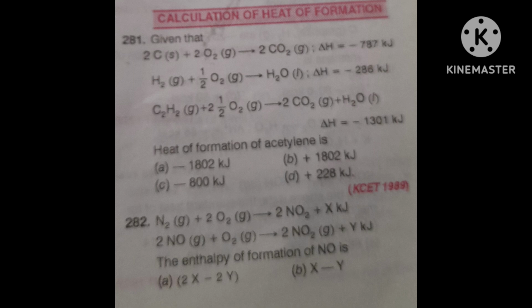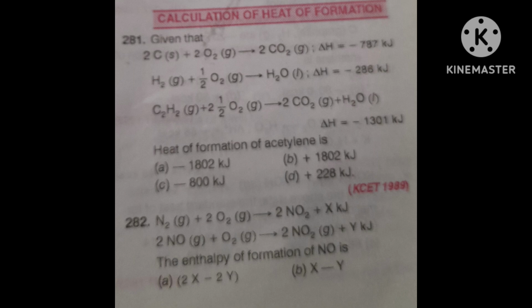First reaction. Second, 2NO plus O2 gives 2NO2 plus Y. Until you divide it by 2, you will not get 1NO. To get 1NO, you have to divide equation 2 by 2.